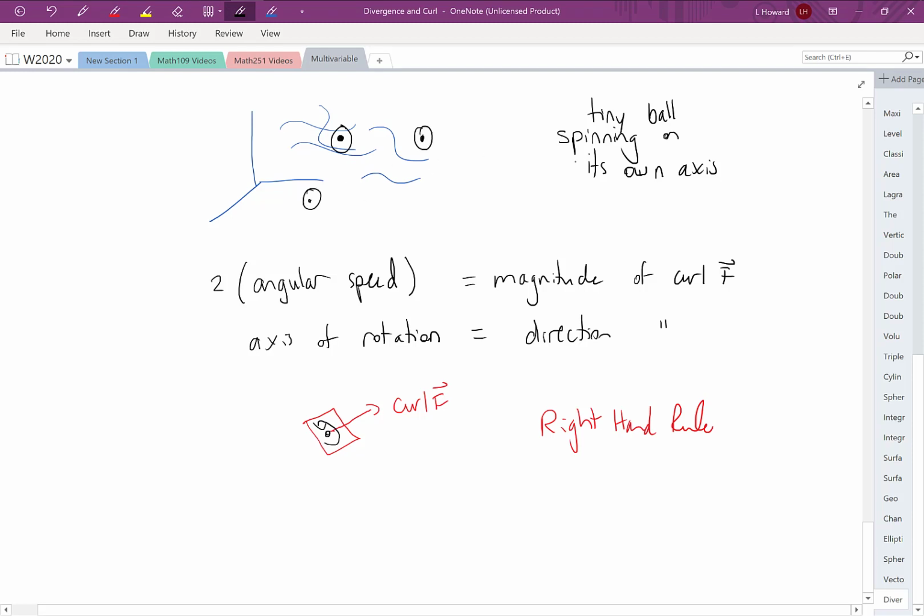And as you plug in your coordinates, what you're doing is you're imagining this idea of placing a tiny ball at that location, letting that ball spin on its own axis based on the fluid flow that's happening. And then the magnitude of the curl giving you double your angular speed, and the direction of the curl giving you your axis of rotation. So curl gives you complete information about the way that ball would spin. And that's talking about the micro rotation of the fluid that's happening around that point.